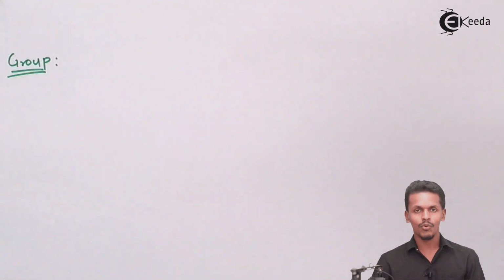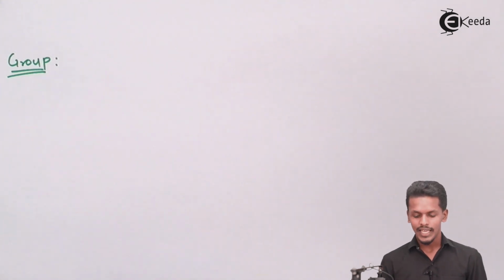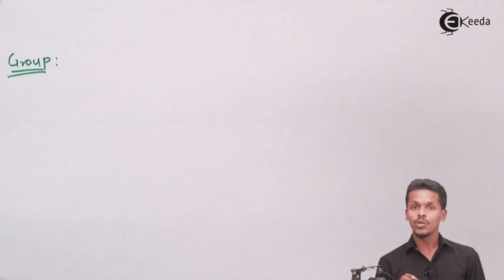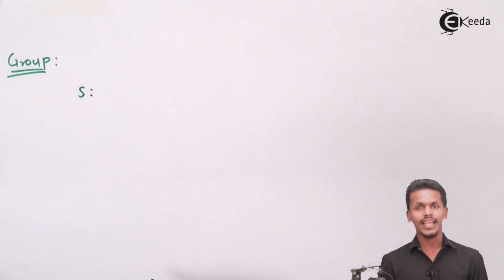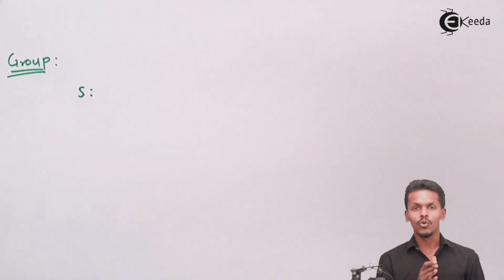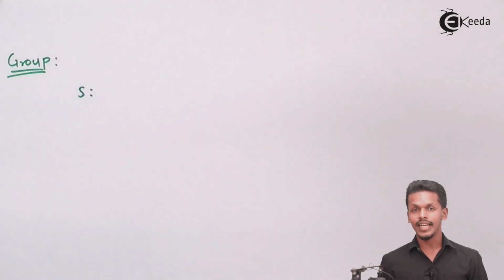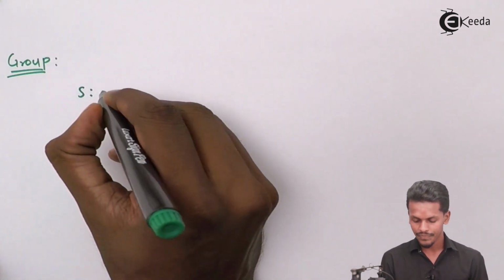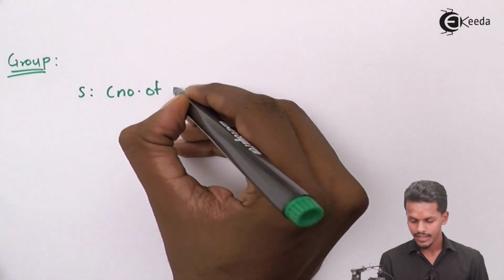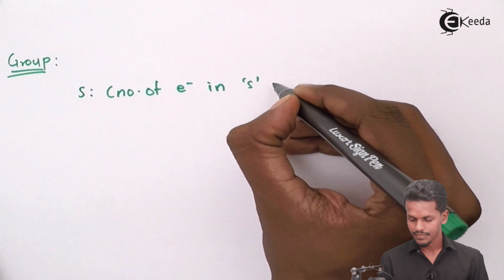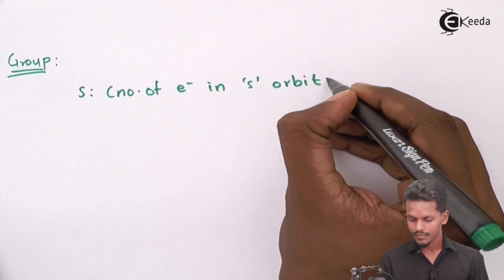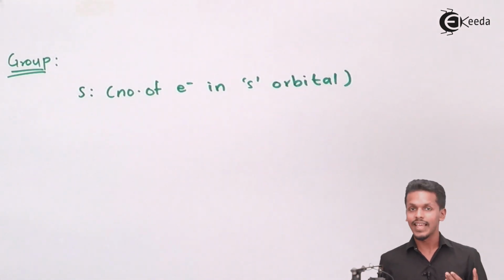Suppose the element belongs to the S block, then what would be its group number, 1, 2, 3 or up to 18? It will depend on the number of electrons present in the S orbital.